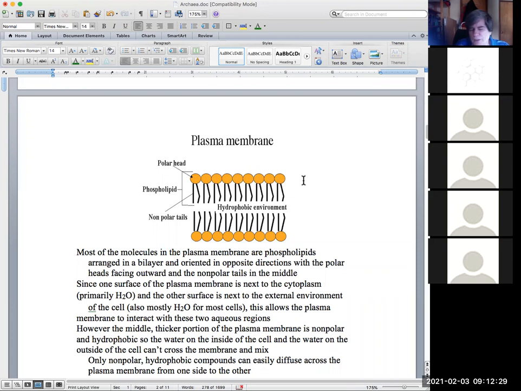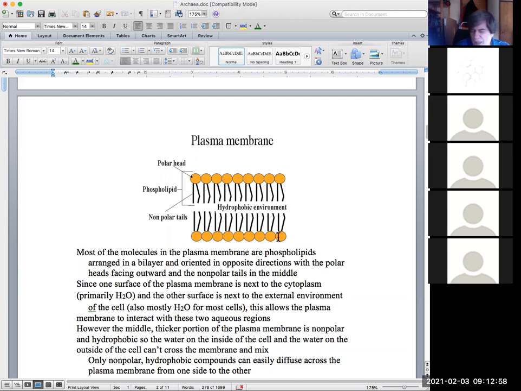So if we look at this plasma membrane, this would be taking a slice through it, kind of like slicing through, if you would imagine that our cell is a beach ball. Outside, we have the outer environment, and bacteria cells live in environments that are mostly fluid, so water. So notice that the polar head of one layer is facing outward against the water of the environment.